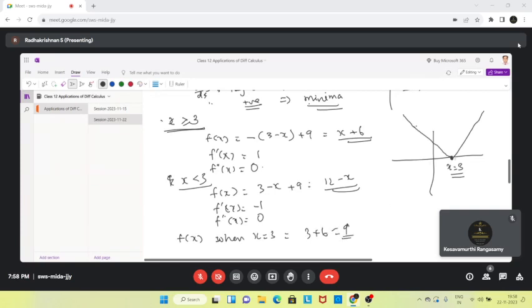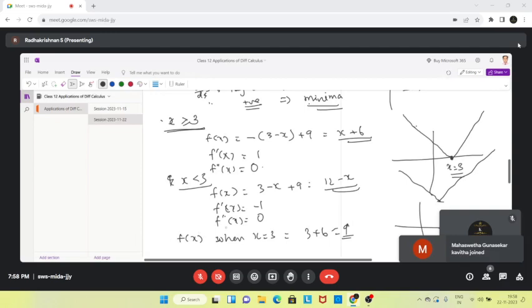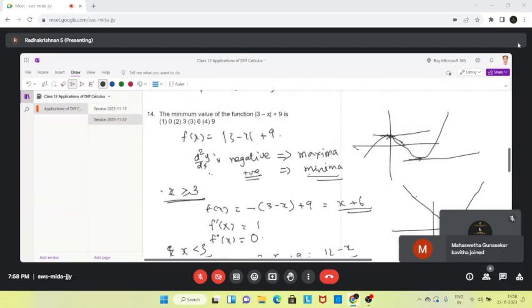So actually, it is not like what I have drawn. The function is something like this. When it is 3, it is 9. That means it is like this actually. So when x equal to 3, the minima occurs and the value of y is 9. We can see that by substituting in the function, f of x equal to 9. So f of x equal to 9 is option number 4.